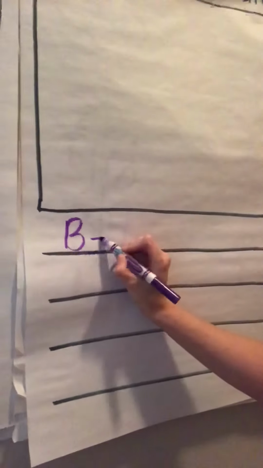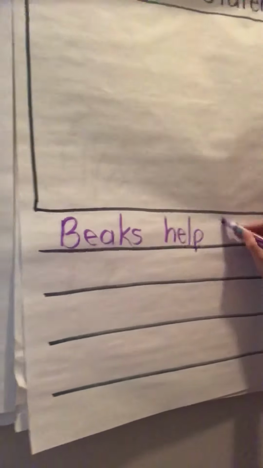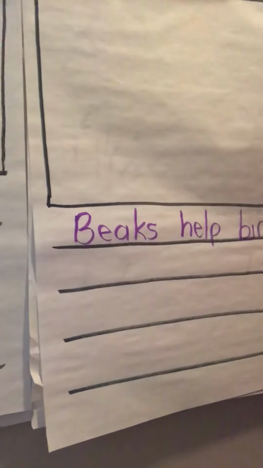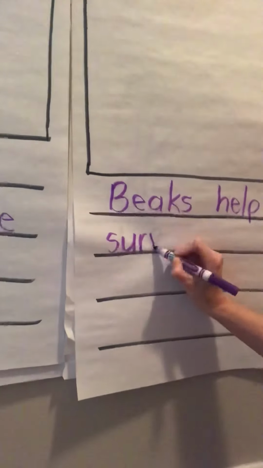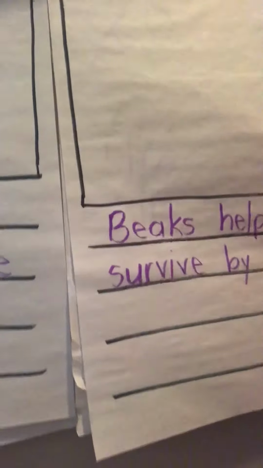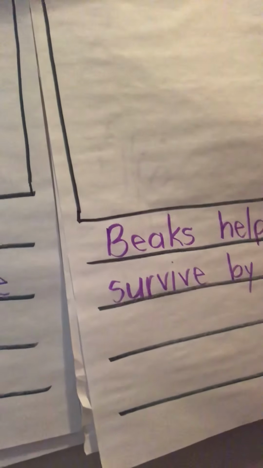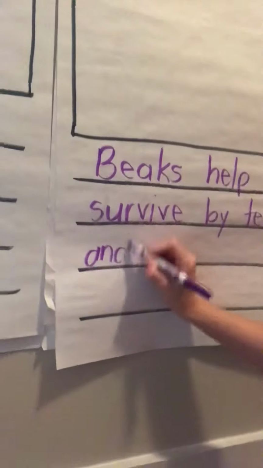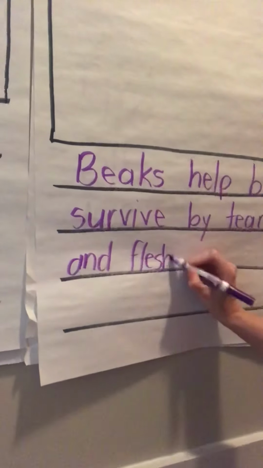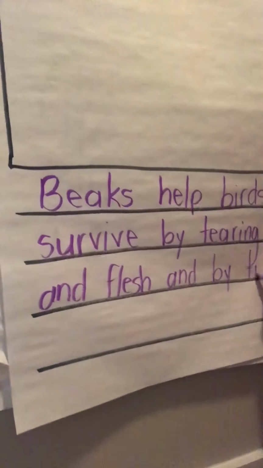So now I'm ready to think about my conclusion sentence. So I'm going to put how beaks help, again we're talking about birds surviving, help birds survive by, and we said how it tears scales and flesh, by tearing scales and flesh and by trapping fish.